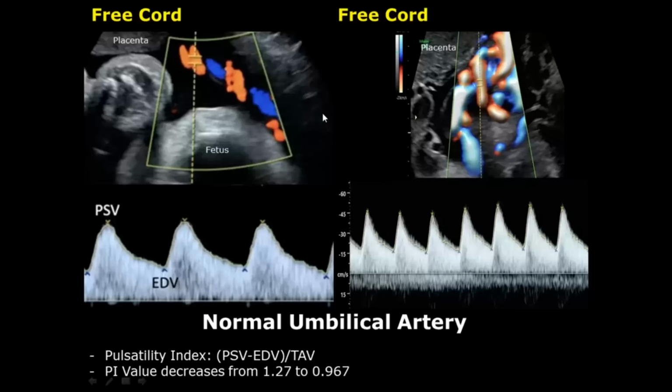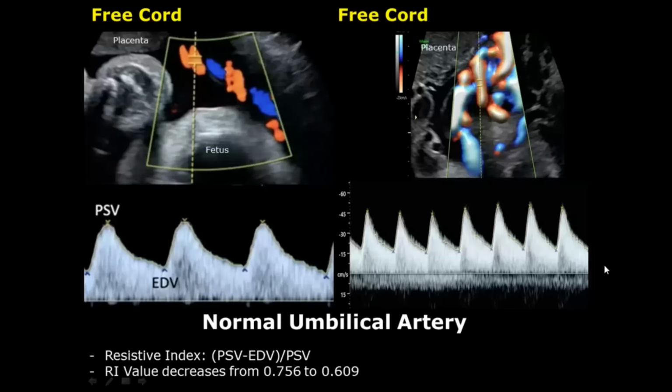The pulsatility index formula is PSV minus EDV divided by time average velocity. It is also used in measuring resistance to blood flow, and it decreases over time as well.